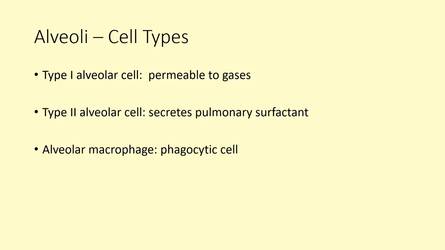And so you want to have a fairly high concentration of phagocytic cells as compared to other places that are more internal in the body, and when I say internal, I mean don't have an opening to the outside. Yes, I know your lungs are inside the thoracic cavity, but they have that opening to the outside because of the air passageways of the conducting zone. So you want to make sure that you have protection. So you do have a concentration of phagocytic cells that will recognize anything foreign and immediately engulf and destroy it.